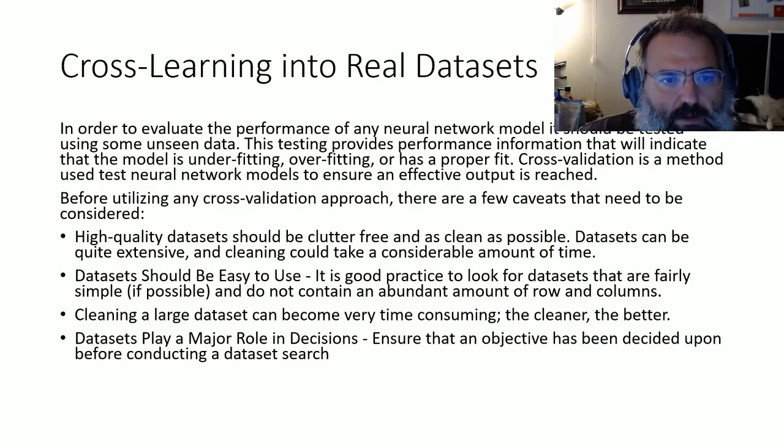So moving into real data sets, this is where you basically have to make sure that your neural network is not seeing data before you really want it to, because the biggest thing you're trying to avoid with this is overfitting or underfitting of your data.